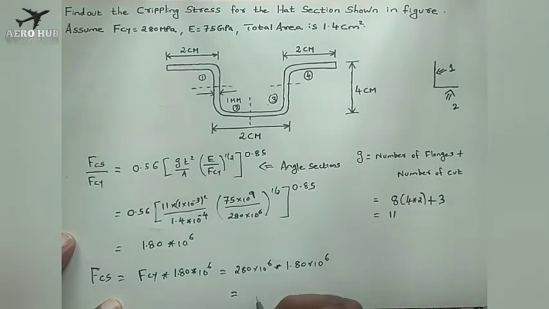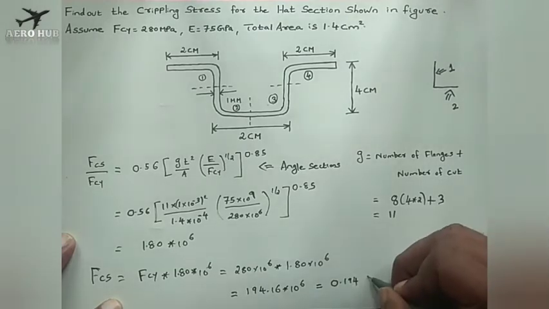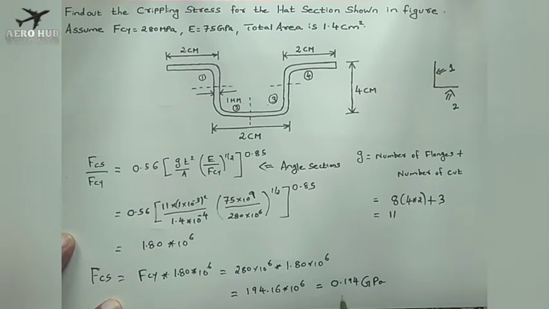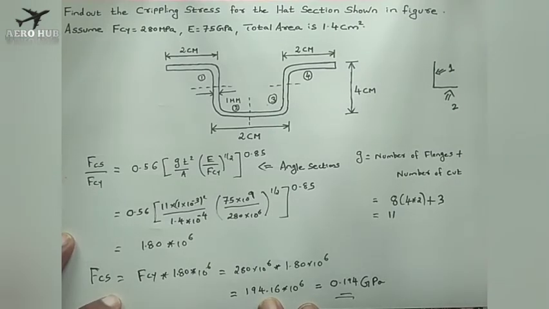So finally I will be getting 194.16 into 10 power 6, or I can write 0.194 gigapascal. Okay, this is the value of the crippling stress for the hat section.